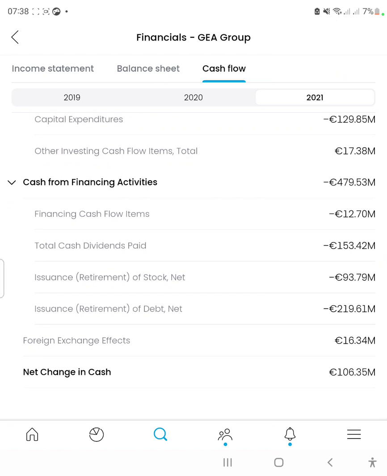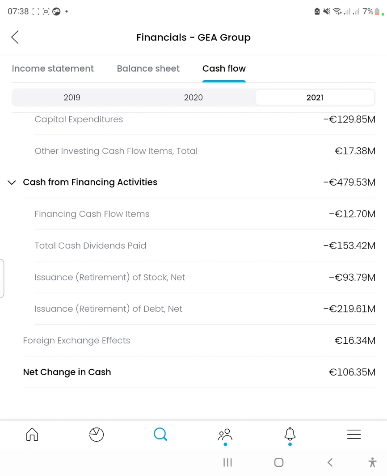So the financing activities managed to expend 479 million euros, a large percentage of which went to dividends paid out. So 153 million euros was paid out in dividends to stockholders, which is definitely an attractive thing for companies to do. 93 million euros went to buying back stock, which is definitely a good thing also.